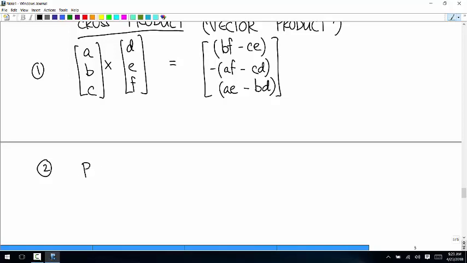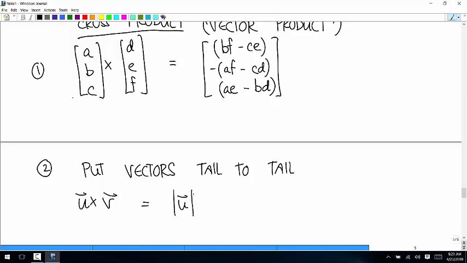So the second definition is put these two vectors tail to tail. Then the vector u crossed with the vector v is equal to the magnitude of u times the magnitude of v. If we multiplied it by the cosine of the angle between them, we would have the dot product. This is the sine of the angle between them.